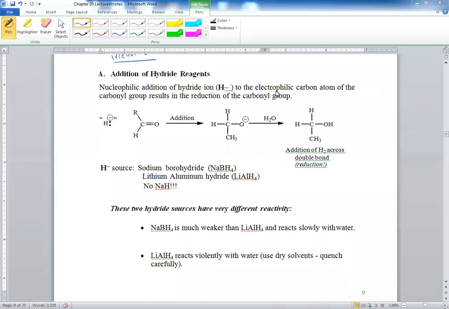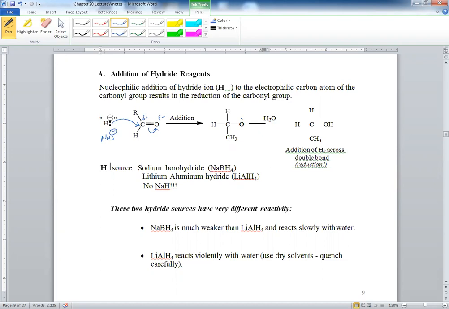So let's begin by talking about the addition of hydride reagents. Here's the general reaction, but it comes with a caveat: you have a "hydride" in quotation marks as your nucleophile. This hydride attacks the carbonyl carbon because it's electron deficient, and of course they break this pi bond.